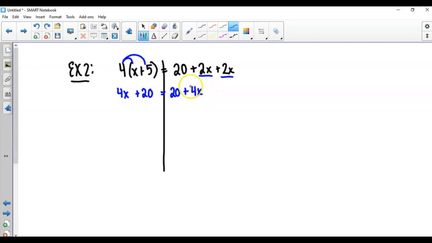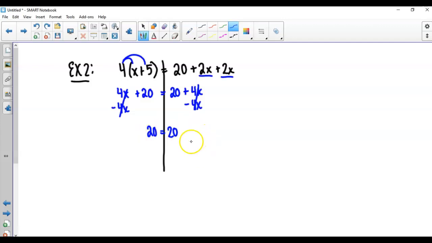And so I need to get these x's together. So I'm going to move this 4x and subtract it. But 4x minus 4x also cancels on this left-hand side. So that just leaves us with 20 equals 20. And so 20 equals 20 is a true statement.